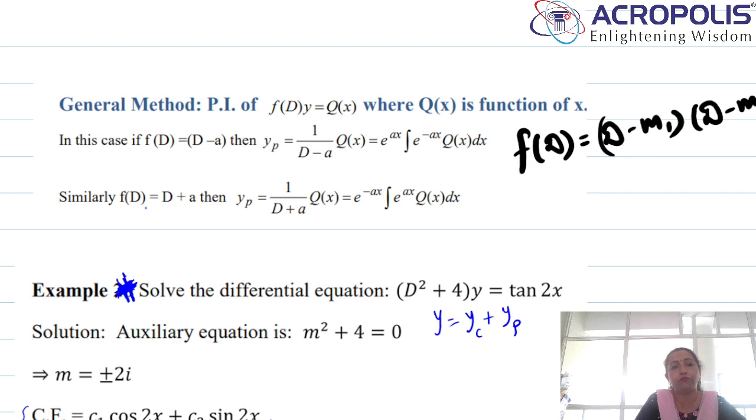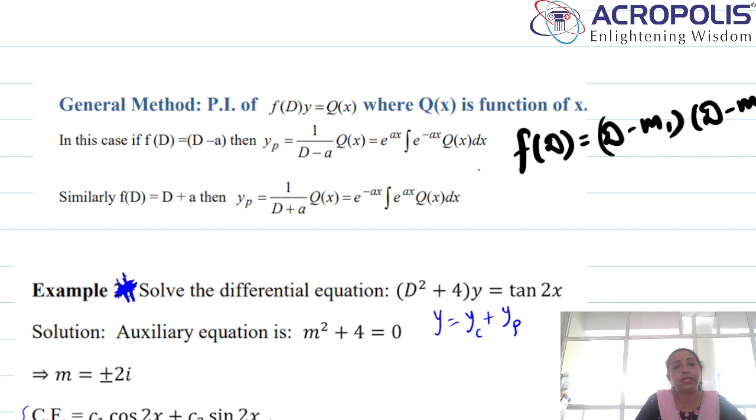Similarly, if f of D is equal to D plus a, then yp is equal to 1 upon D plus a, q of x is equal to e to the power minus ax integration of e to the power ax q of x dx.